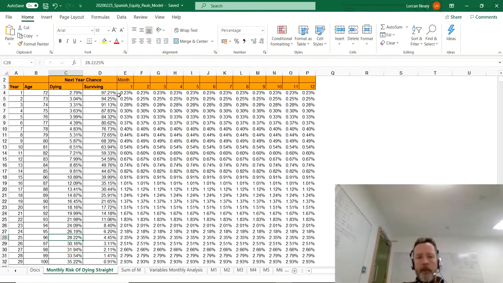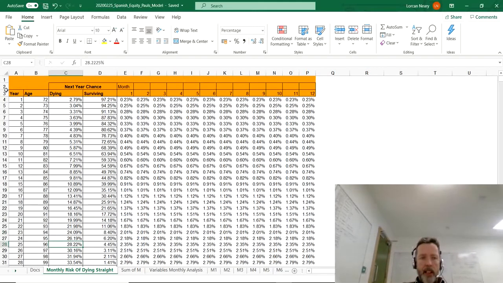So what we've done here is we have looked at these statistics year on year, and we've then divvied those out equally across the entire 12 months. And that way we've gotten the likely monthly cash flows arising from mortality within the cohort.